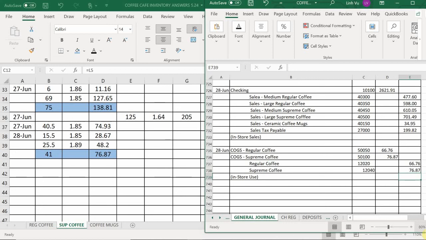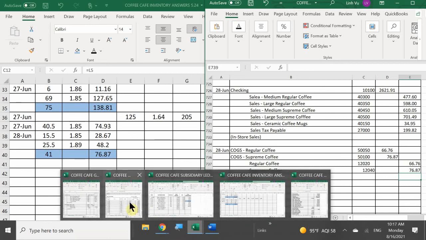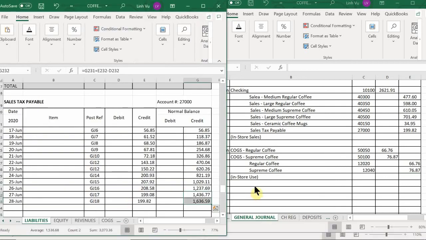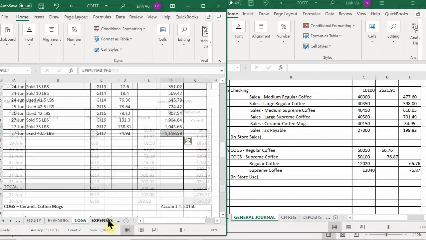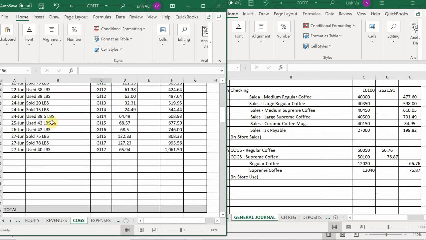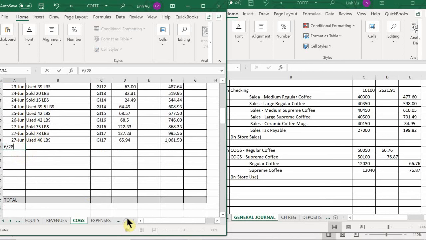Okay. All right. So now we need to post it to our ledger. So let's go ahead and take a look. So cost of goods sold. Let's go to our cost of goods sold for regular coffee. It is the 28, right? I used a total of 40.5 pounds of my regular coffee.